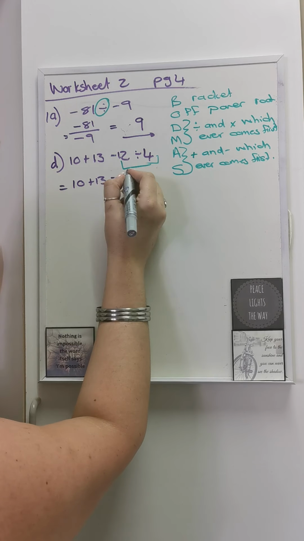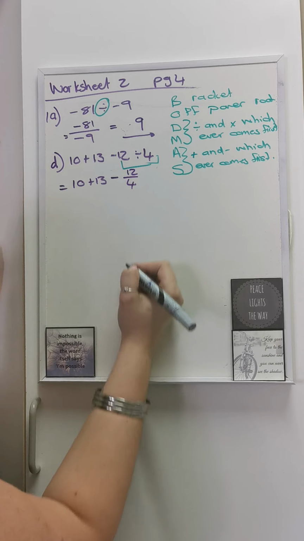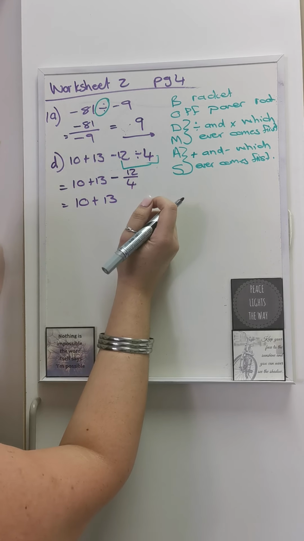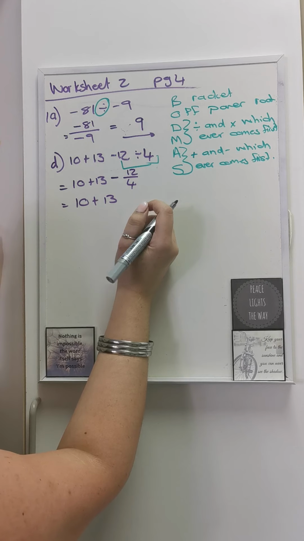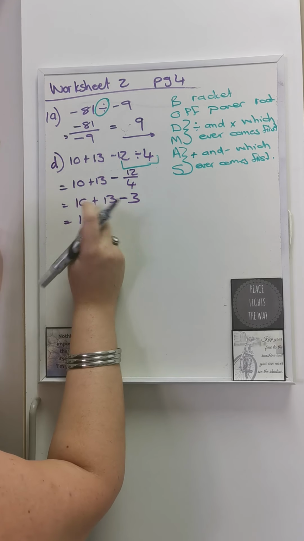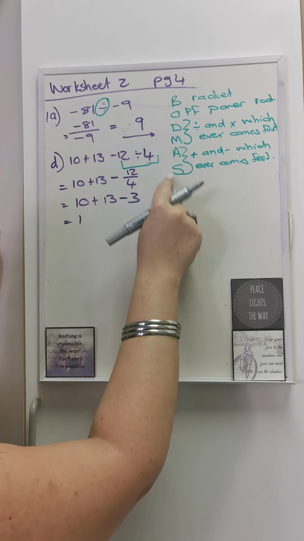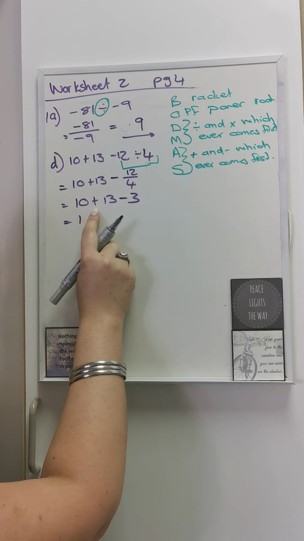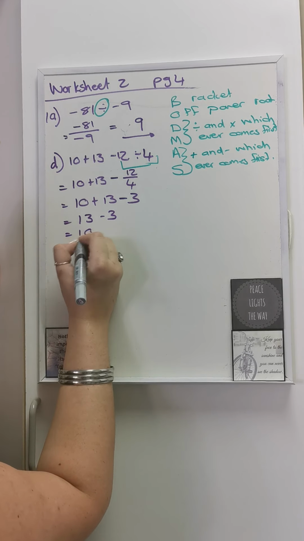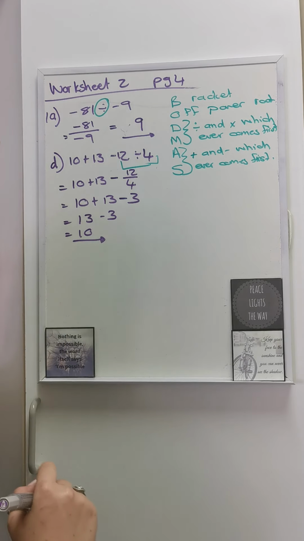So it's going to be minus 12 divided by 4. So we've got 10 plus 13, and 12 divided by 4 gives you 3. So it's 10 plus 13, addition and subtraction, whichever comes first. Addition is first, so it will be 13 minus 3, which will give you 10 as your final answer.